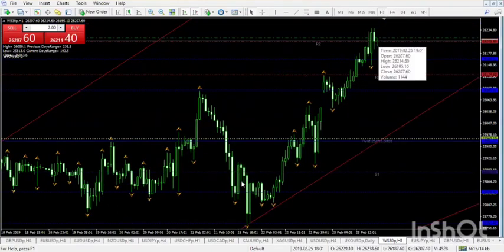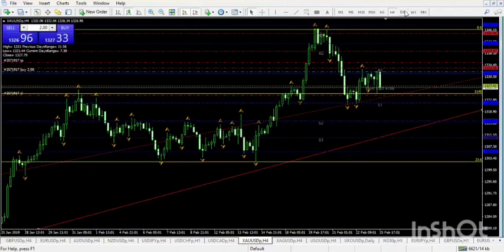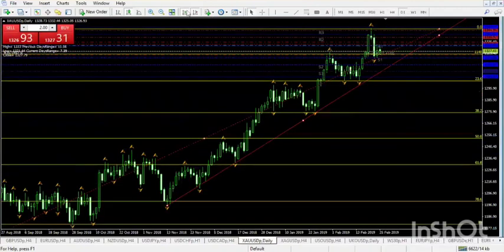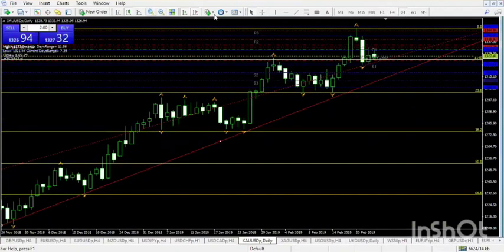Can we please look at the gold chart in the daily time frame? So if we draw the Fibonacci here from this point, let me draw it.